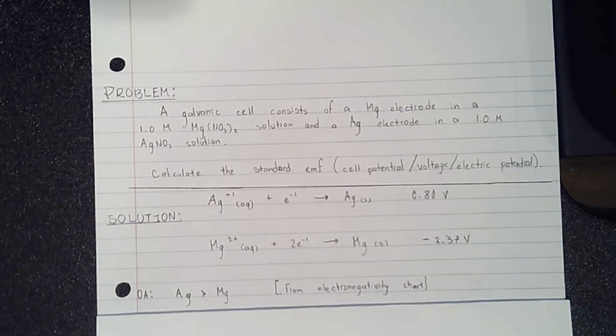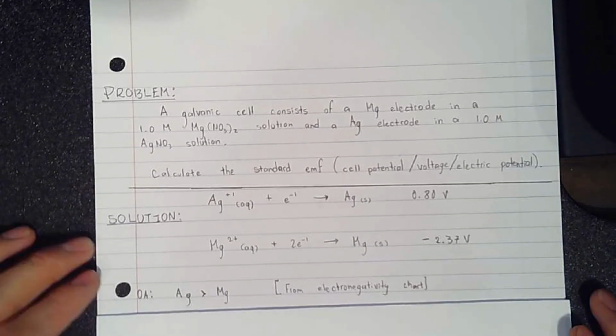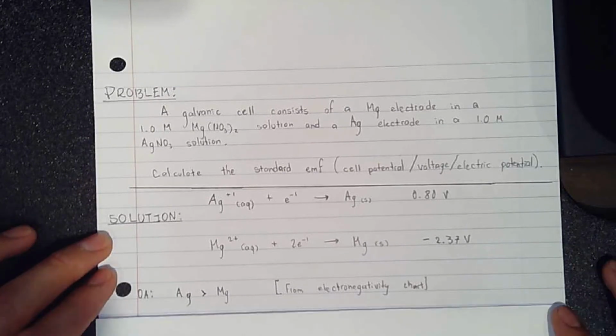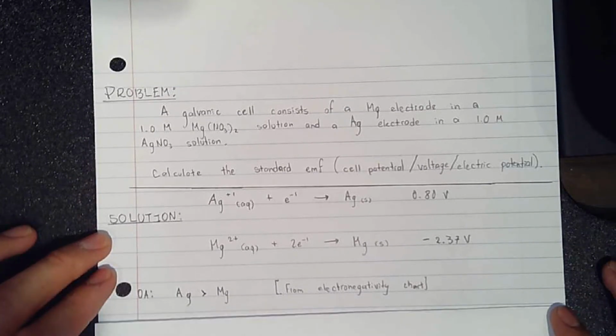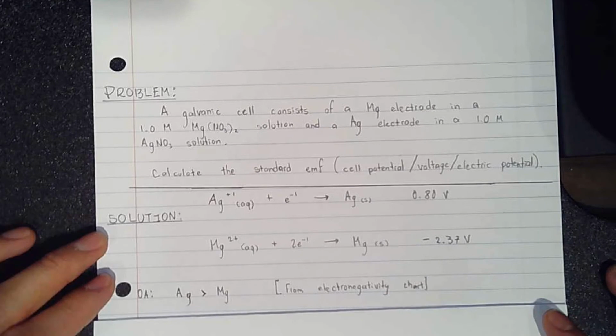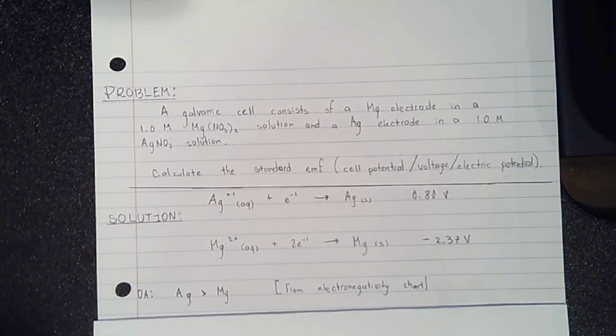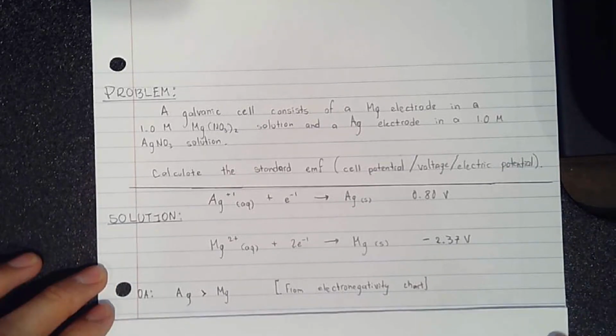In other words, silver will oxidize magnesium. That means that magnesium will be the element losing the electrons, therefore making it our oxidation half reaction.